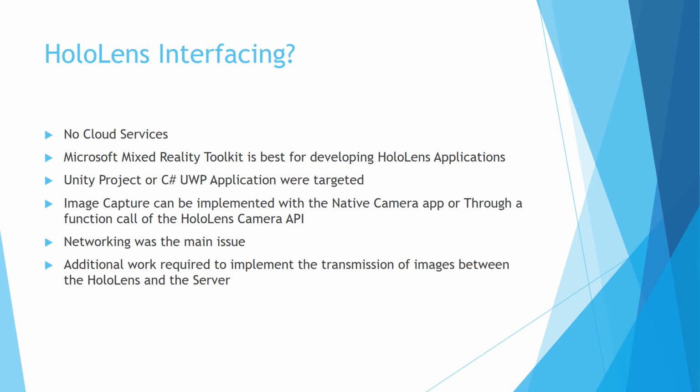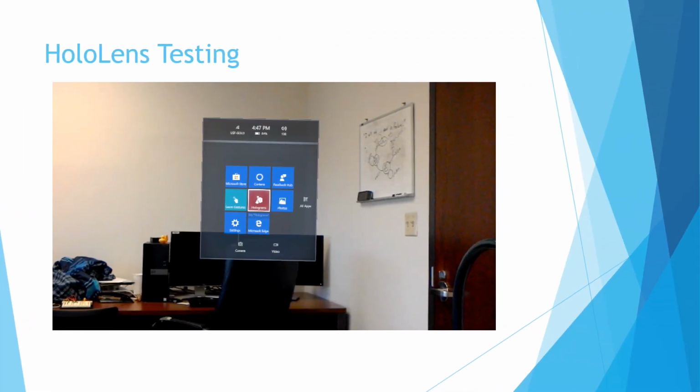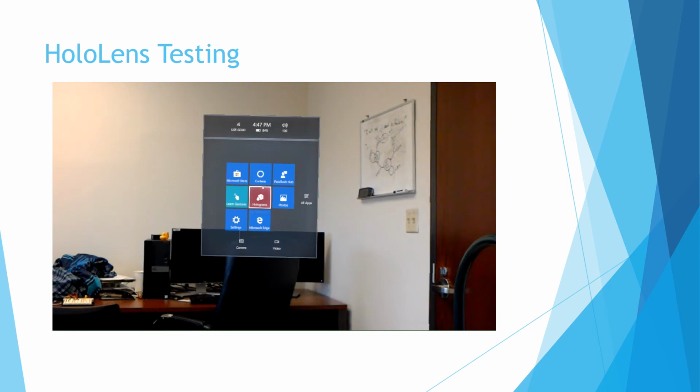And so on the next slide, you're going to see a brief preview of what our HoloLens app could have looked like if we got the networking to operate correctly. So here I'm going to play you a quick video of what our demo looked like for a sample image on the HoloLens.